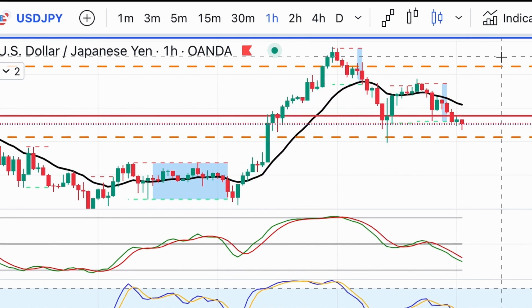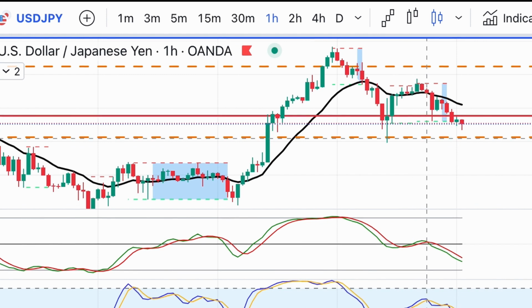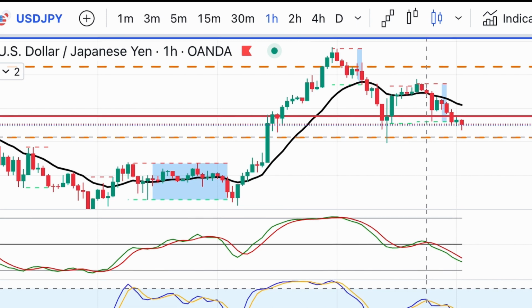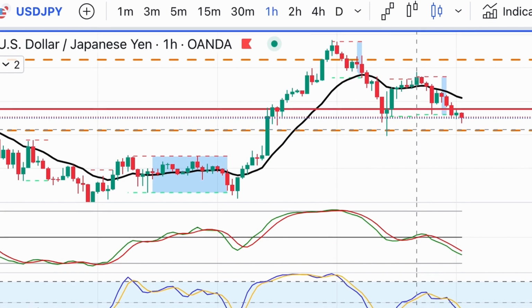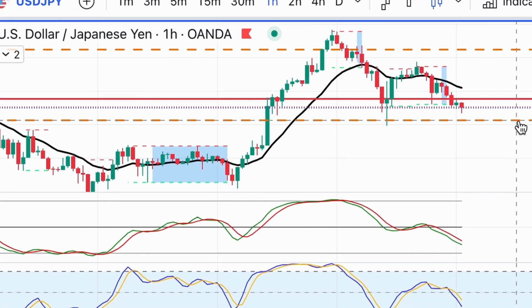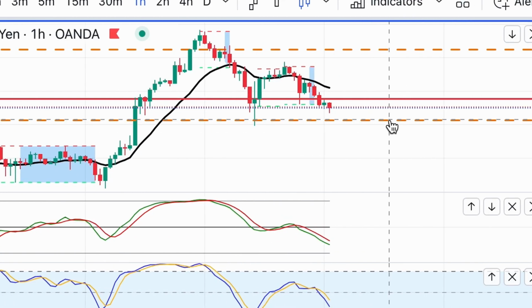These other lines that you see, the orange dashed lines, those are places of value. We call them value points or value nodes. These are places where prices are likely to go. In this case, I am using the likely go-to of this particular line that I'm highlighting with my cursor.